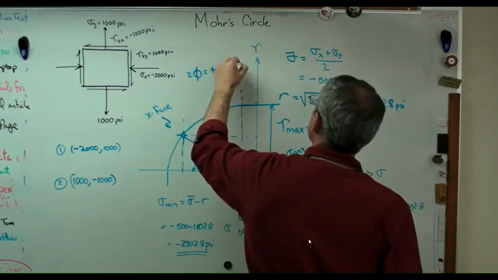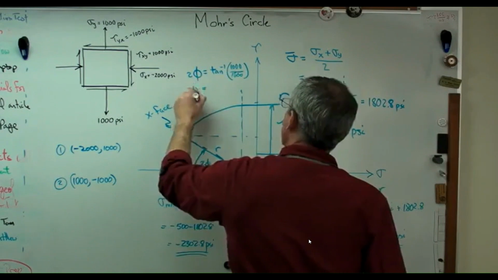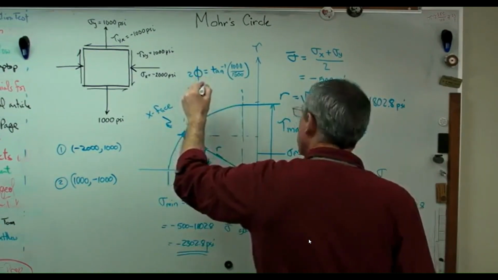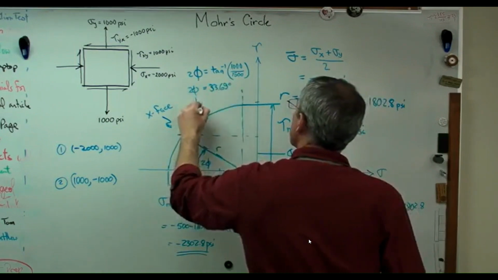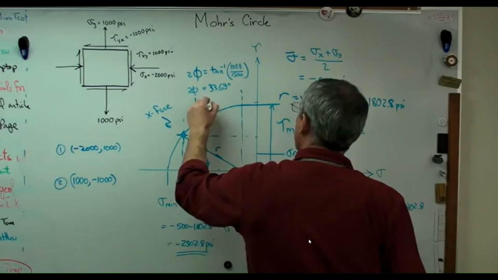So it's 1,000 over 1,500. 2 phi equals 33.69 degrees. So that phi equals 16.845 degrees.